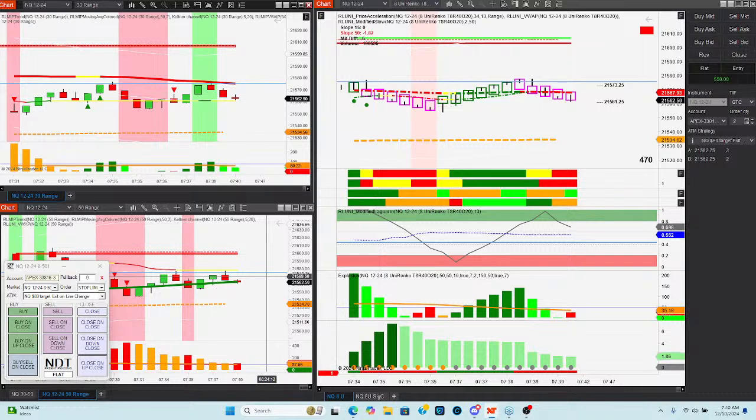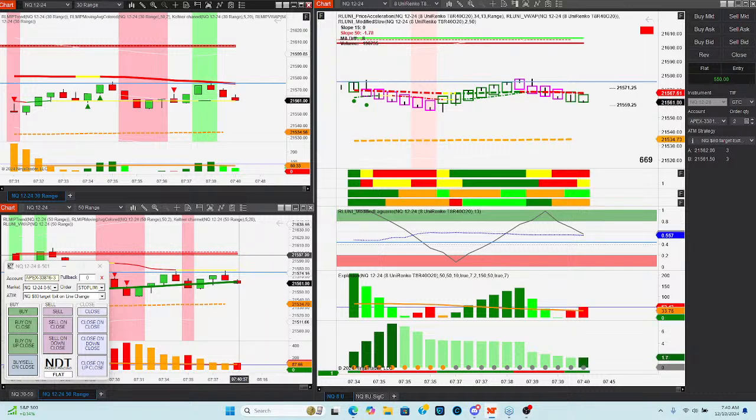Now, once it opens up, yeah, we can usually get a nice run, but as they're slowly squeezing together, like I said, at some point it'll be untradeable.